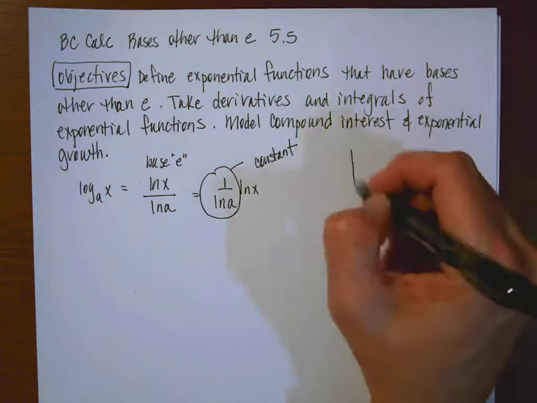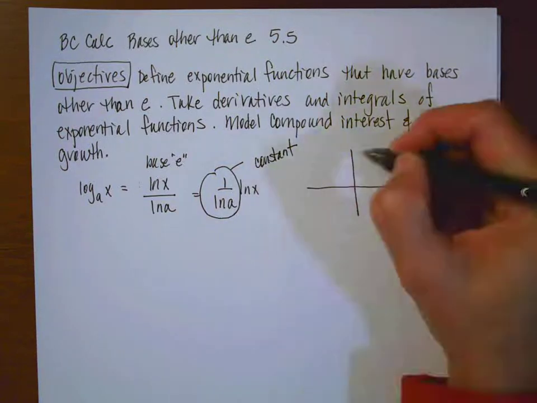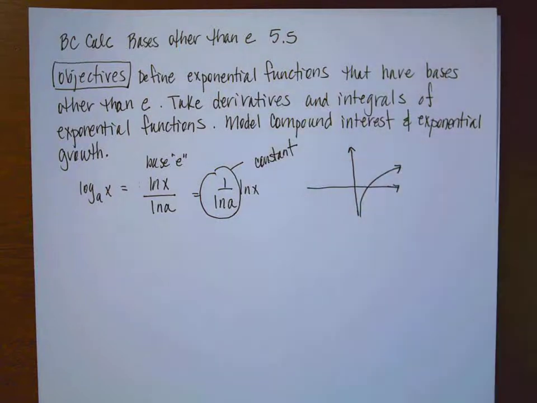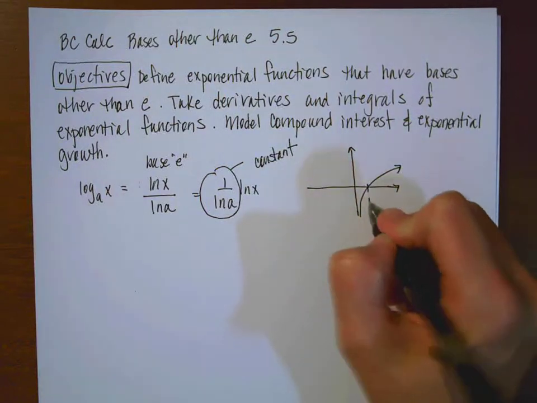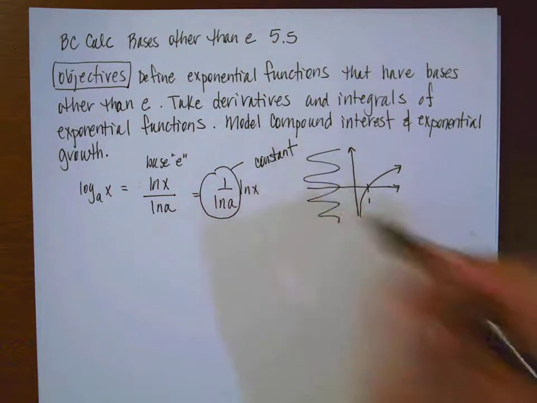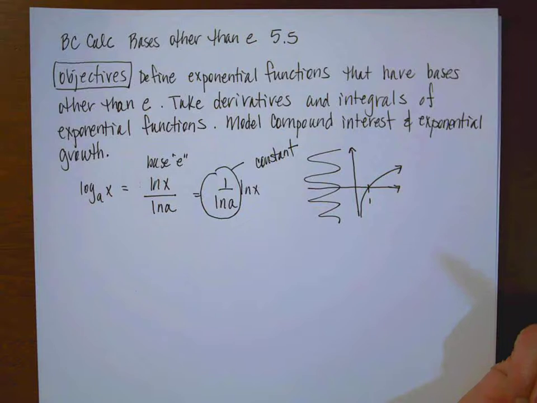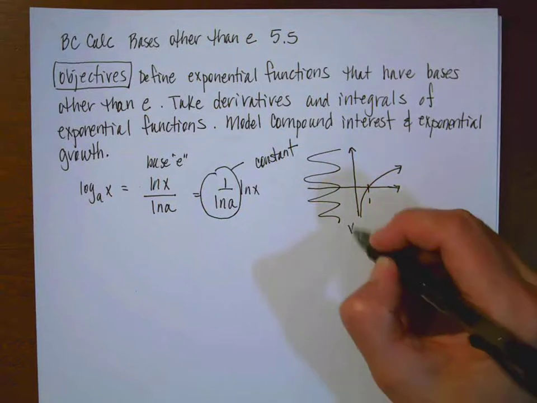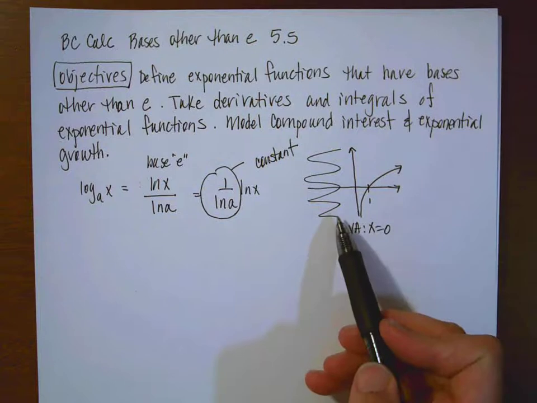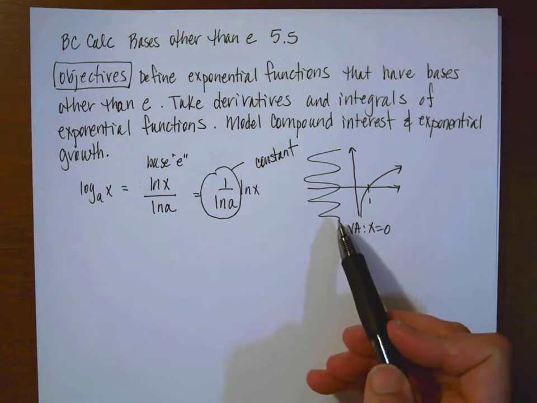Couple of things to remember, and we've already talked about this before, but it never hurts to review. The graph of a logarithmic function looks like that. It crosses the x-axis at 1, and remember that it is undefined past 0 because you have a vertical asymptote at x is equal to 0, and then everything else is undefined.